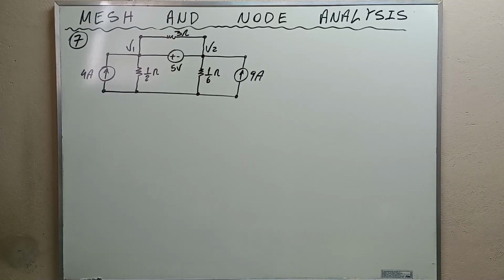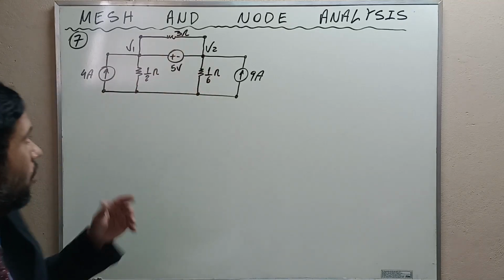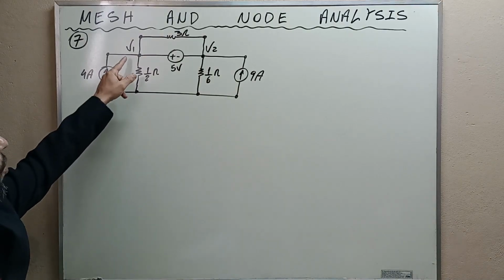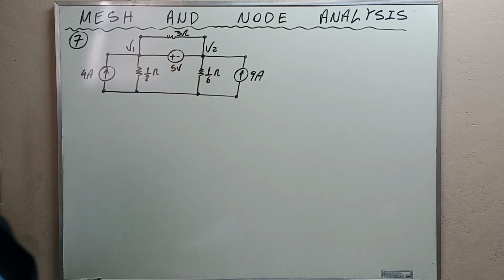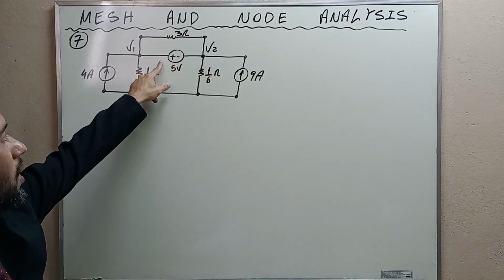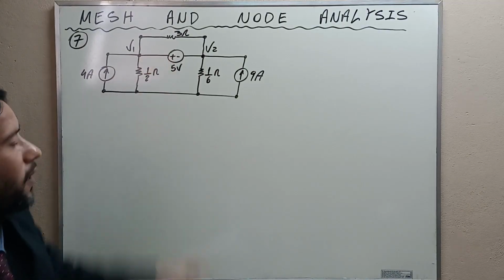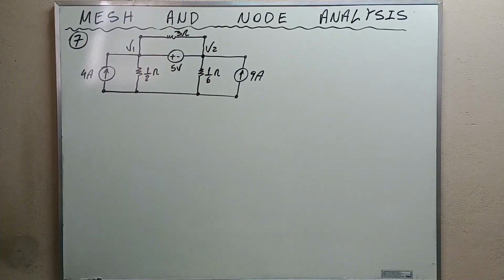Therefore, we are going to create a supernode here, because we cannot model the current flowing here, okay? There is no resistance. As we cannot do this, we are going to use a supernode, okay?